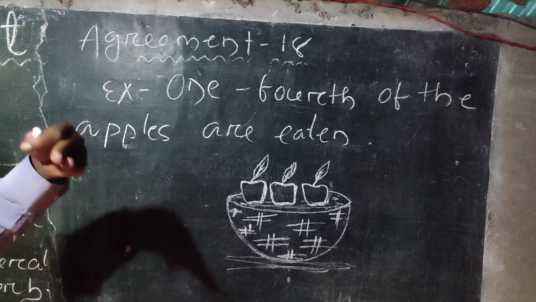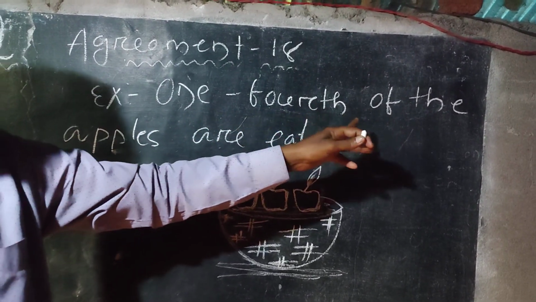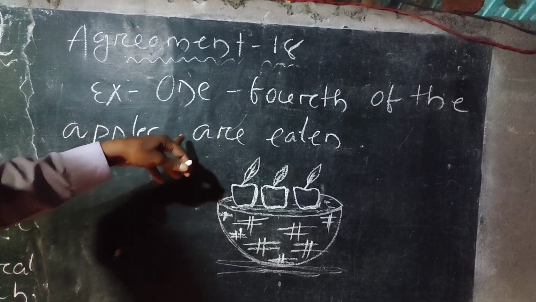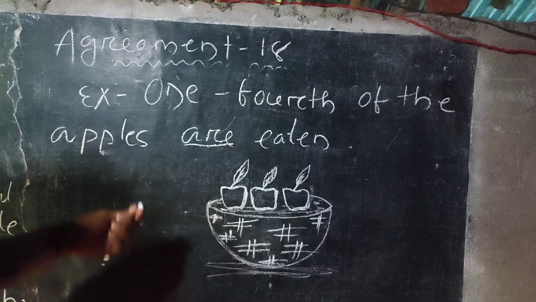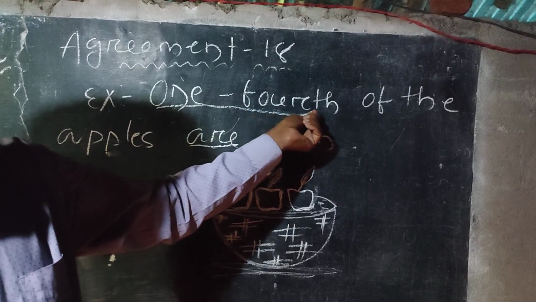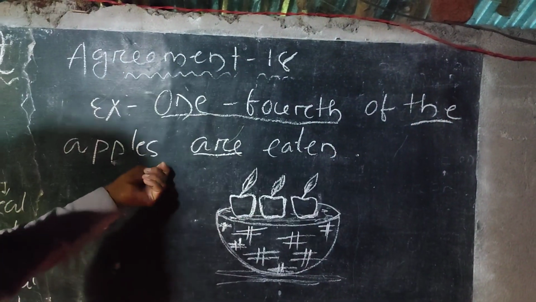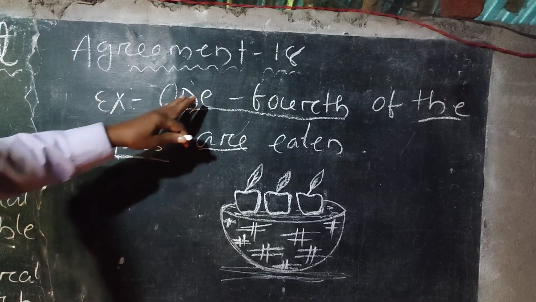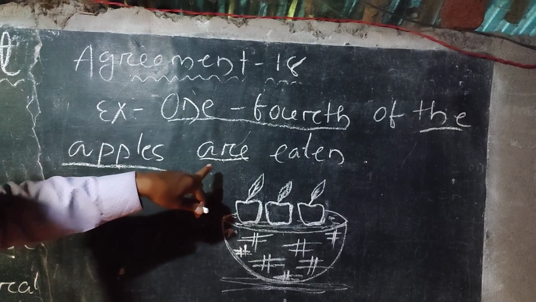So what shall we say? We shall say that 1/4 of the apples are eaten, because 1/4 is the fraction and the apples are a plural countable noun. So fraction plus plural countable noun will take a plural verb.